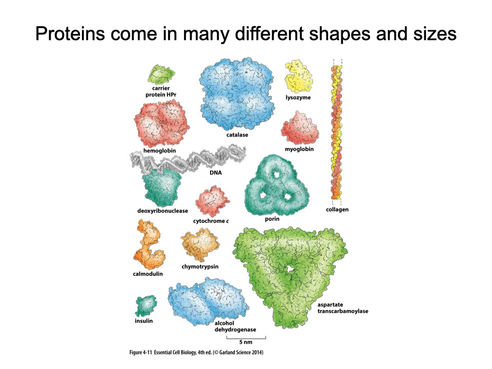We can have ones that have a very fibrous or kind of like string-like appearance, like we see here with collagen. And so just as this figure shows, they come in all different shapes and sizes, and that's what allows them to function and to interact and bind with other molecules and other proteins.